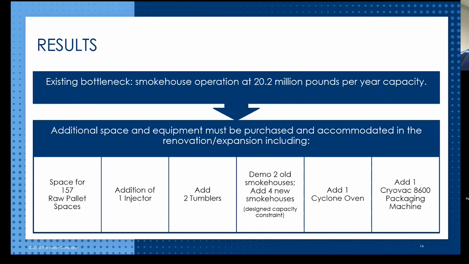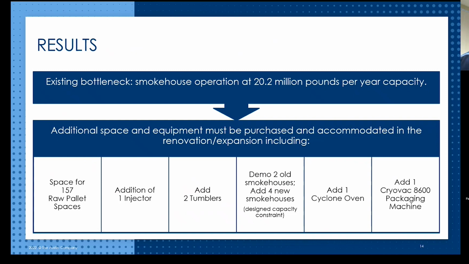And then we'll take that and come up with a plan on how we're going to implement this. We work on the layout to accommodate the new and replacement upgraded equipment. So on this particular one, we had additional space and equipment must be purchased and accommodated in the renovation expansion, including we needed 157 more raw pallet spaces.